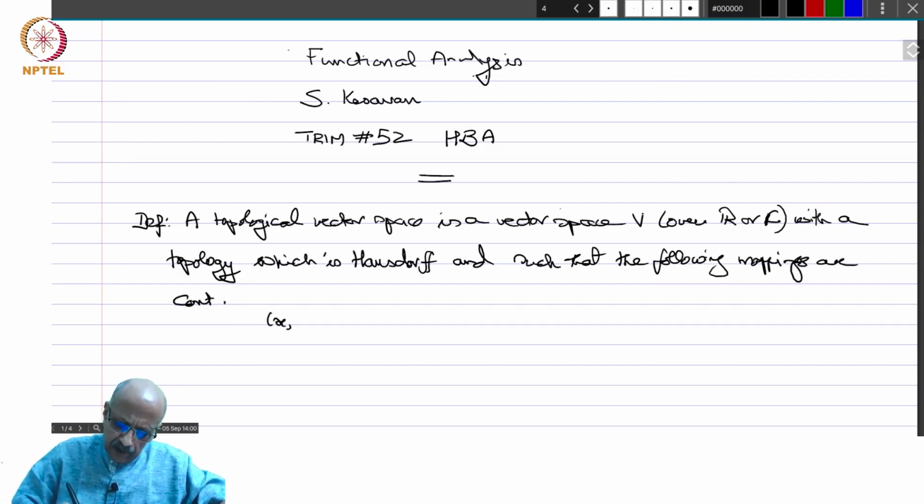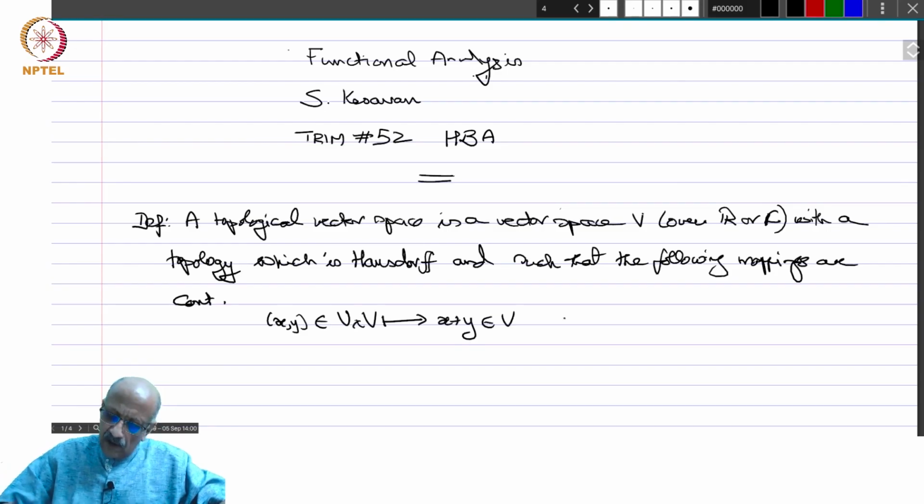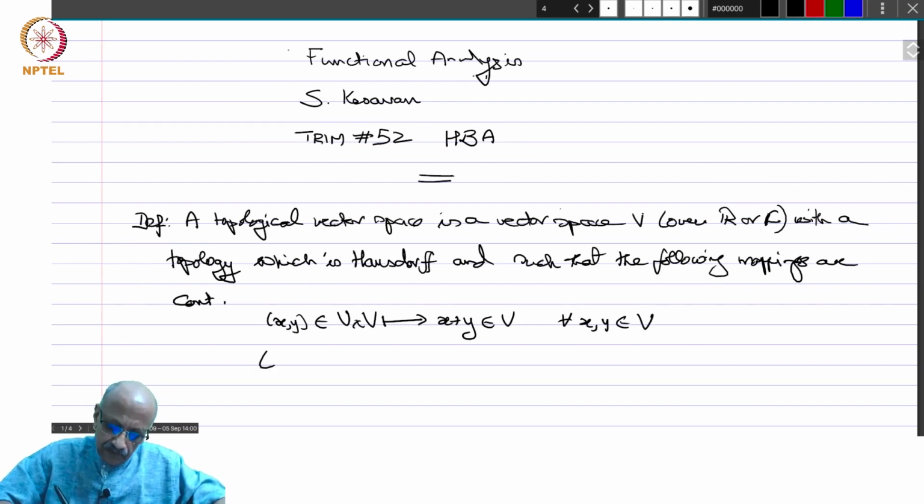So (x, y) in V cross V maps to x plus y in V for all x, y in V. So this is vector addition.